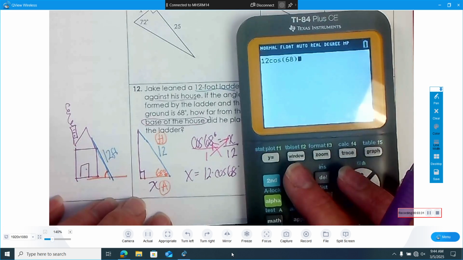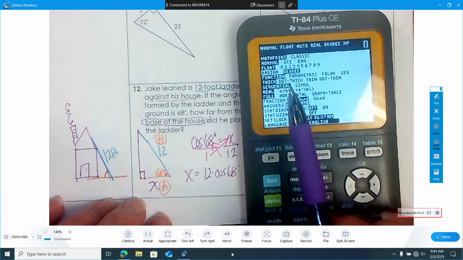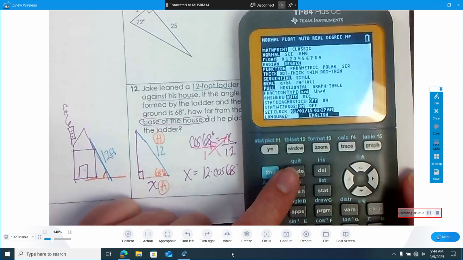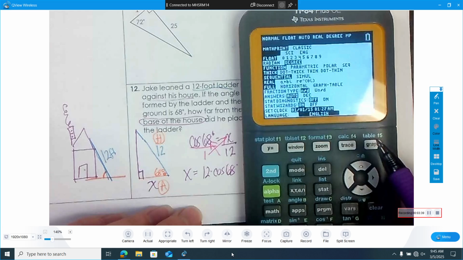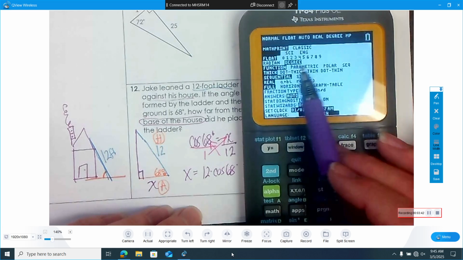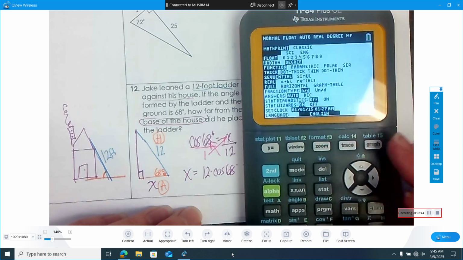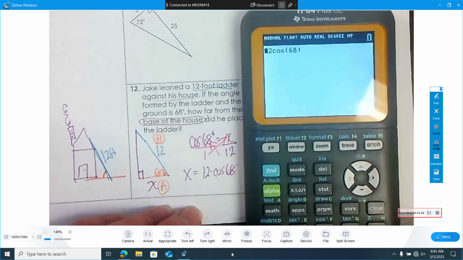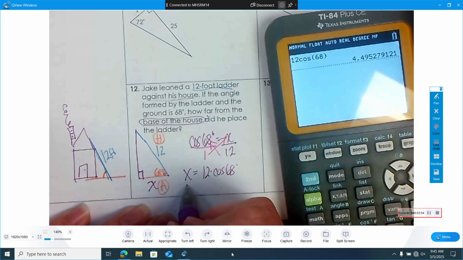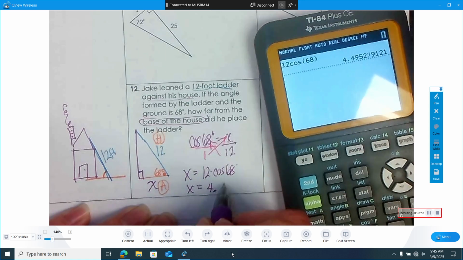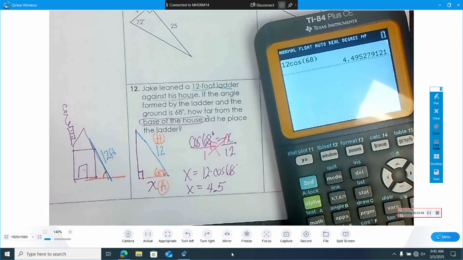If you push the mode button, you want to make sure that your degrees are highlighted there. All right, so 12 times the cosine of 68 should give you 4 point... We're going to round to the 10th place probably, so 4.5 will do. Okay?